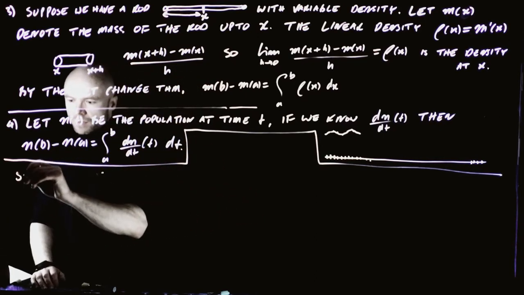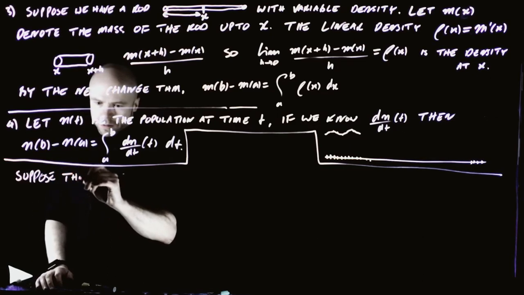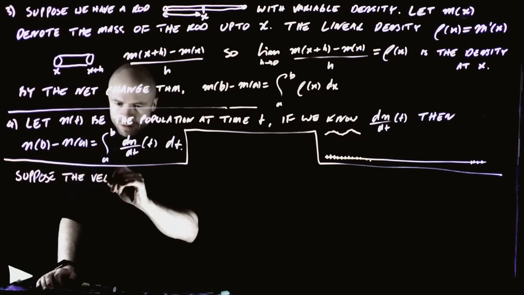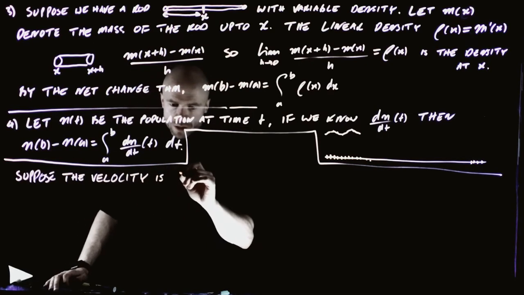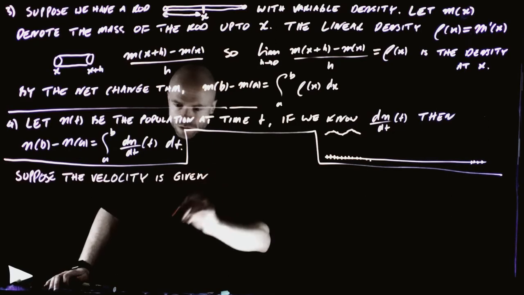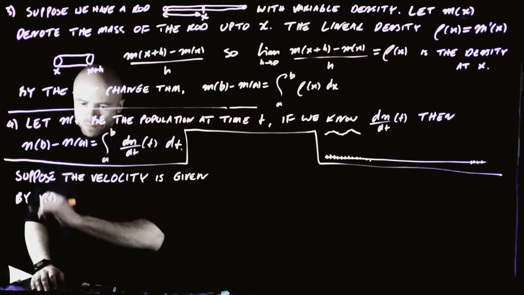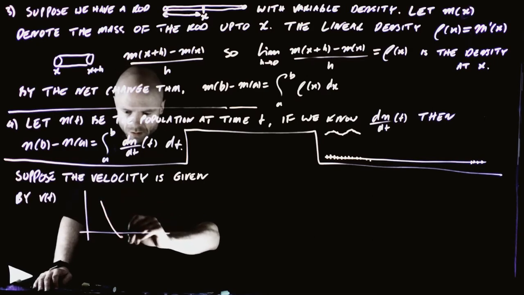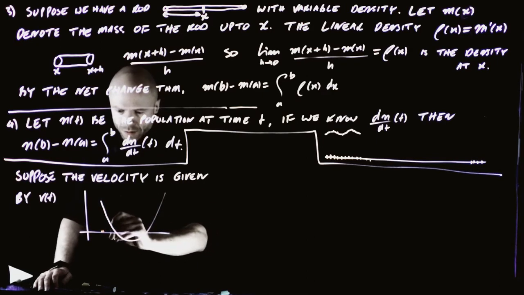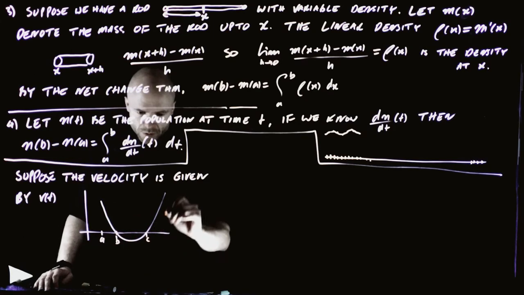Suppose the velocity is given by v of t, which has a graph that looks like this. This is A here, this is B, this is C, and this here is D.